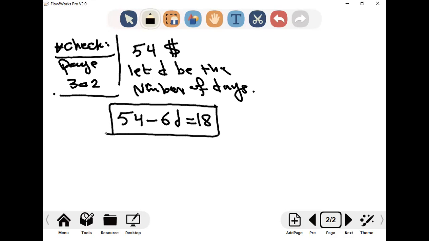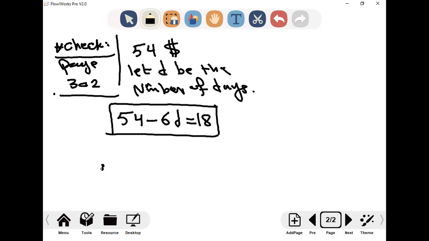Read the equation. Understand it. She has 54. Each day she spent $6. I don't know the number of the days, right? So 6 multiply the number of the days. She has left 18. So 54 minus 6D equals 18. Now I need to know the number of the days, which is D. So I need to solve this equation, right?